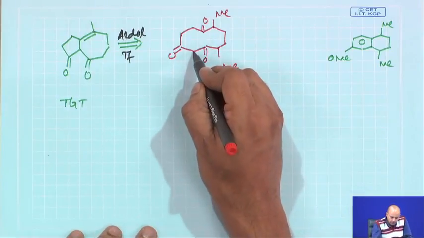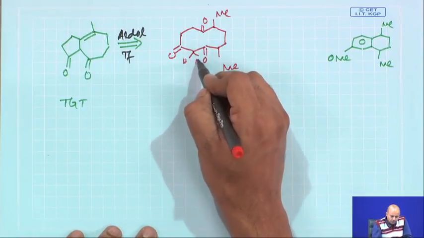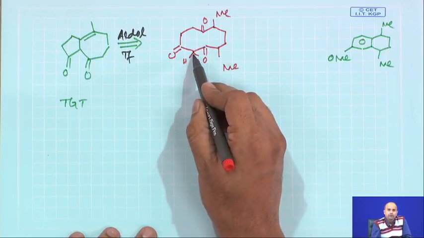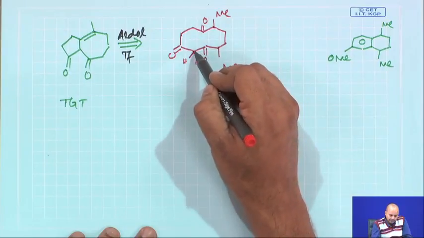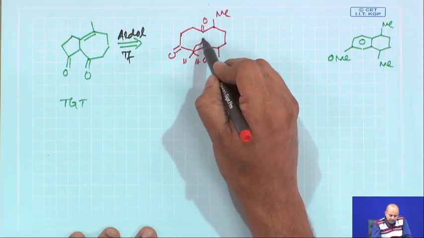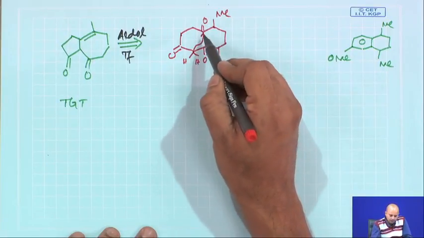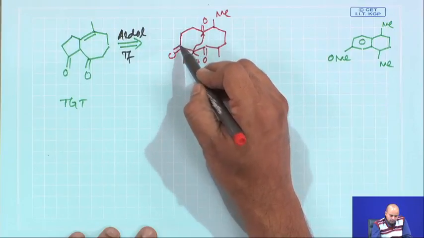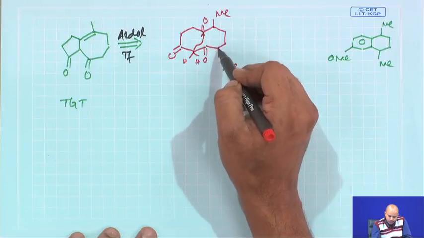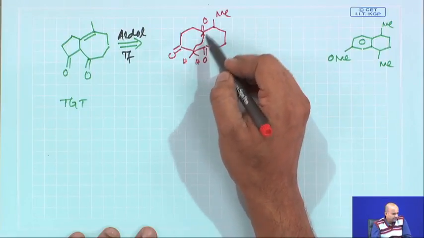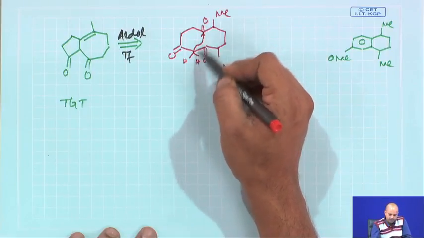It is basically a 1,3-dicarbonyl compound. So you might expect that this hydrogen is much more kinetically acidic. So immediately it will be picked up and then this will attack this carbon, and now this is 1, 2, 3, 4, 5, and the right hand side ring will be 1, 2, 3, 4, 5, 6, 7. So this is the aldol dehydration we are talking about.